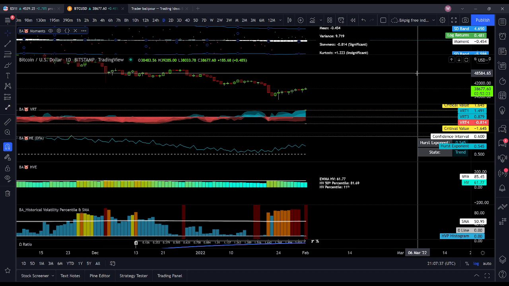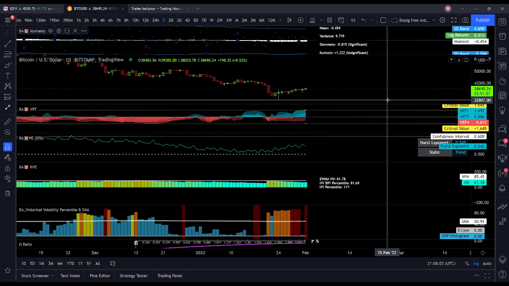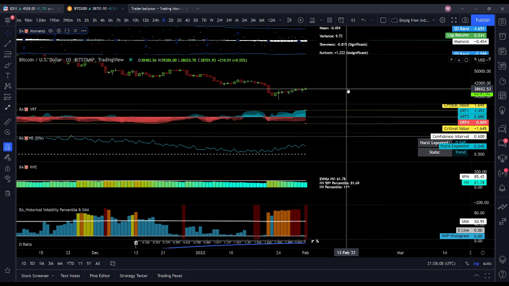Negative skew says you're going to see frequent insignificant positive returns, and then rare cases of significant negative returns. So that's what skewness is: it tells you, in brief, where the majority of returns occur.